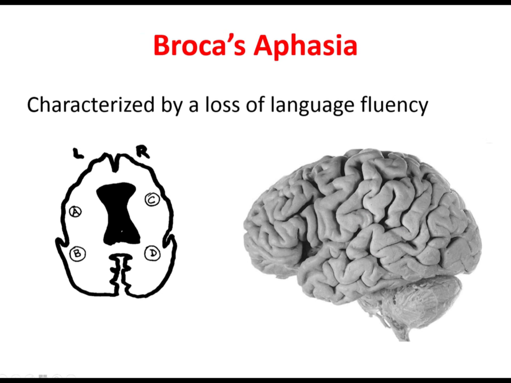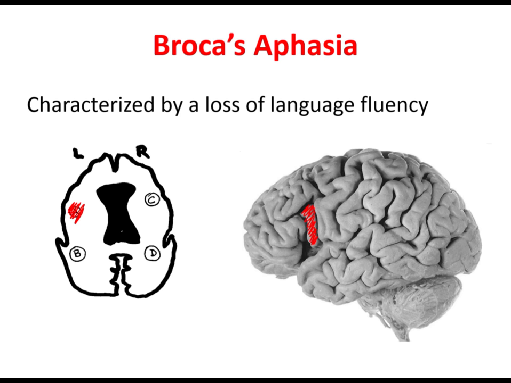The next type of aphasia is what's called Broca's aphasia. Now, Broca's aphasia is characterized by a loss of language fluency, and it is where we have a lesion in Broca's area, here we see the Broca's area in the language hemisphere.